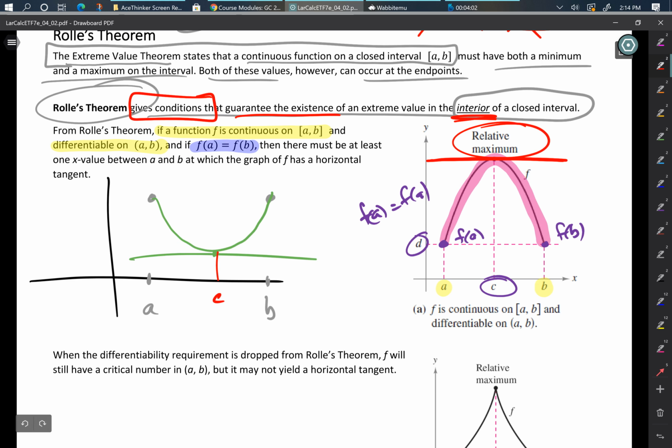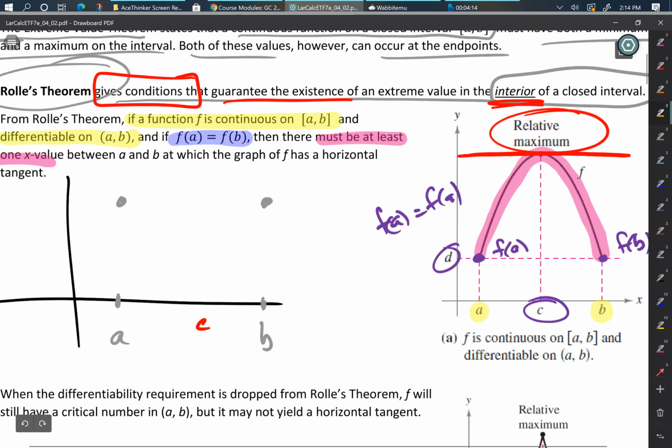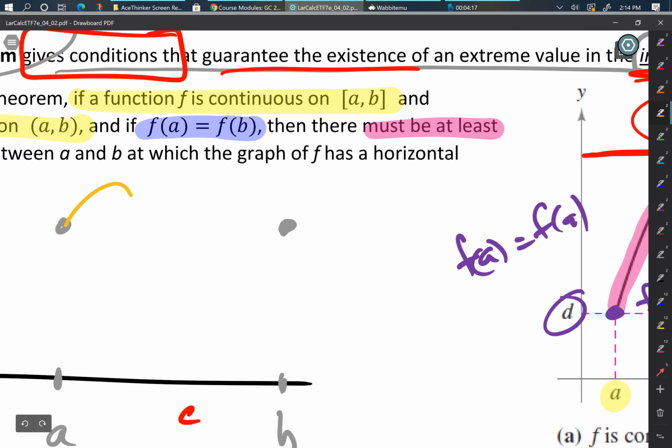I want to point out something, though. Right here, it says there must be at least one x value. What does that mean? Well, what if our graph, instead of just being a simple little up-down or down-up, wiggled? Then I'm going to get a horizontal tangent here, another here, and another here, and here.